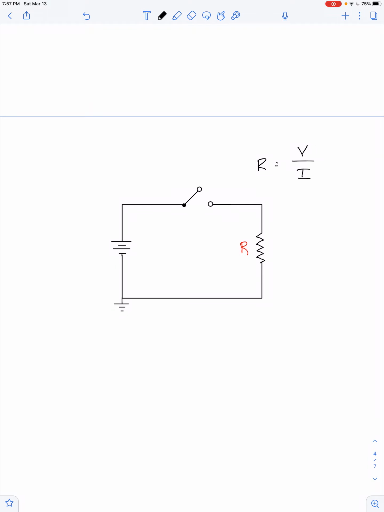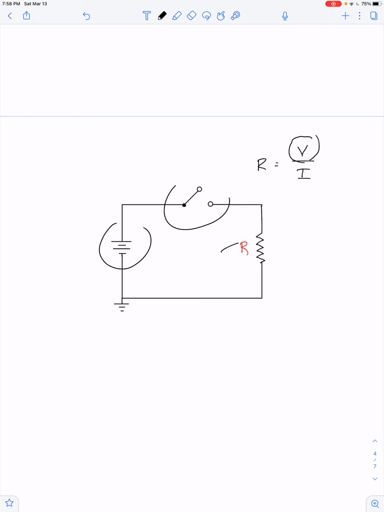So the whole idea that we say voltage is measured across gives an indication that when we use a voltmeter, we don't break the circuit open and then put the voltmeter in series with the battery and the switch and the resistor, right? Voltmeters aren't connected in series with what they're measuring because, after all, voltage does not flow through things.